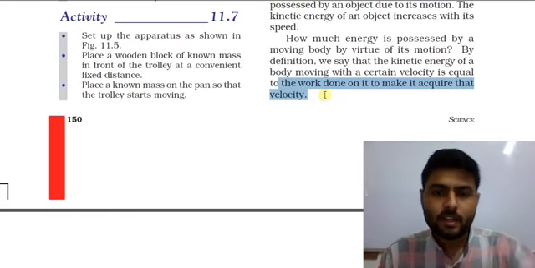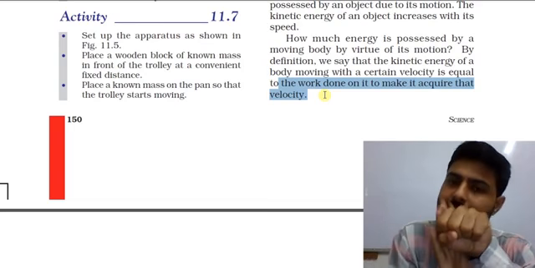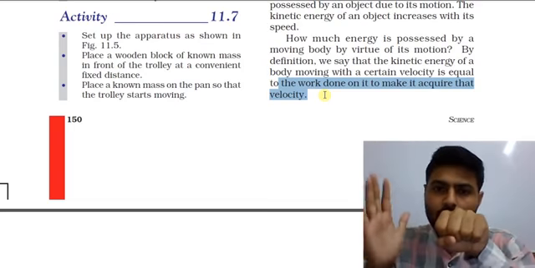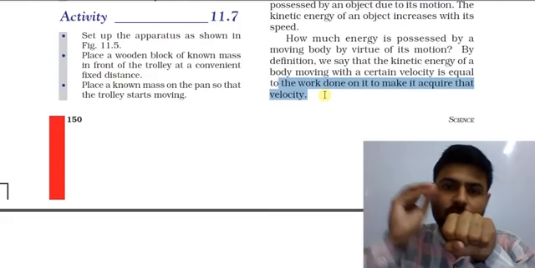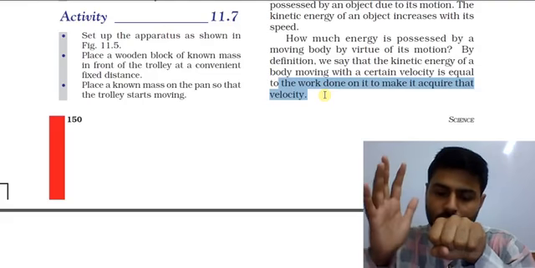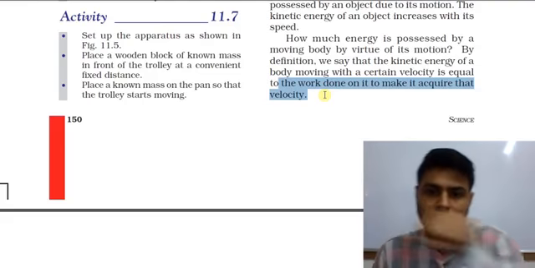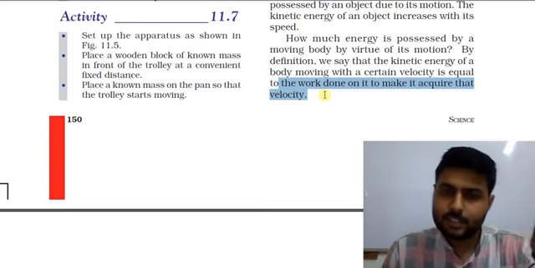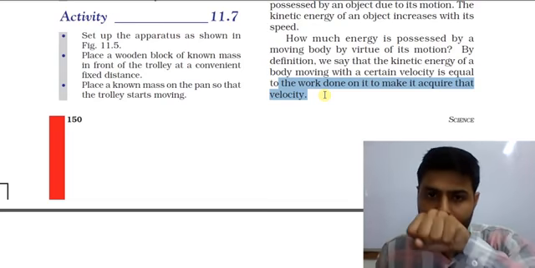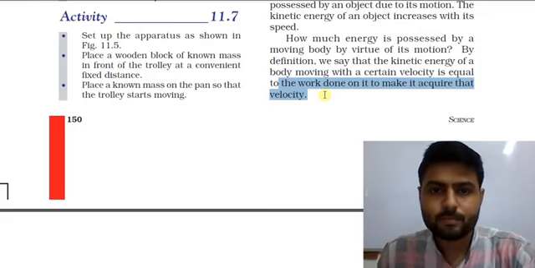Again, if here is one object that is at rest, now I apply a certain amount of force, let's say 10 Newton. Now this object possesses energy and can do work or move.